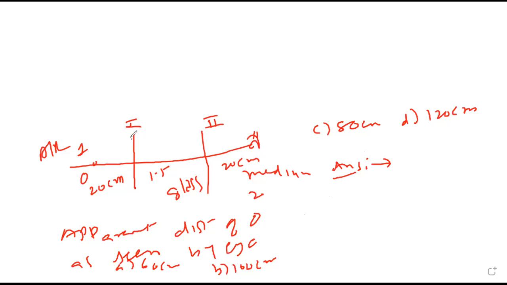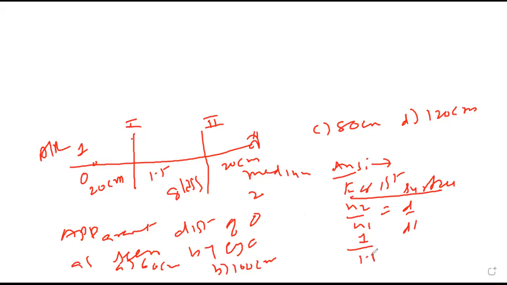Always distances should be measured from the surface. So for the first surface, N2 upon N1 equals D upon D dash. N2 is where light is coming from, that is air, 1. N1 is where it enters, 1.5. D is 20 centimeter upon D dash.